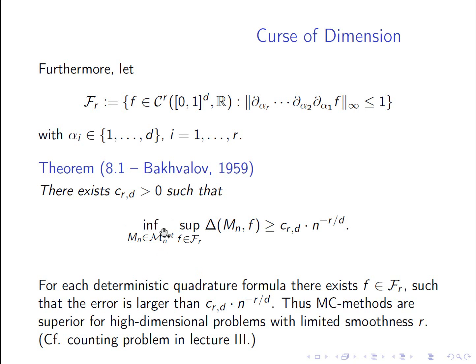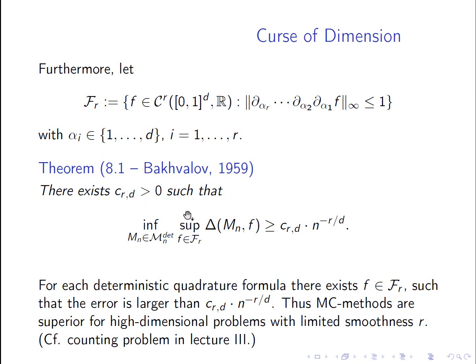This is the class of the quadrature formulas. And now the statement is, for fixed r and d, we can always find a constant such that this worst case error here is greater or equal than C_{r,d} times n to the power minus r divided by d.